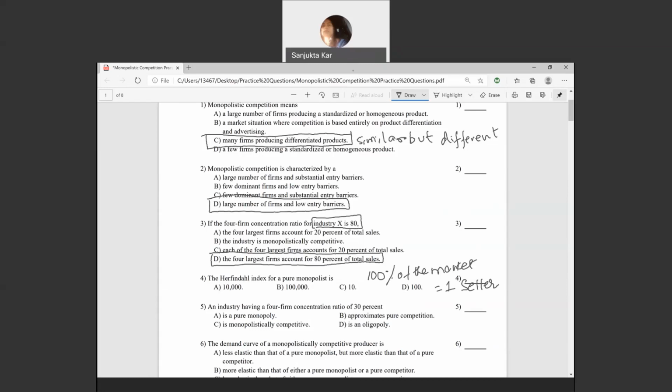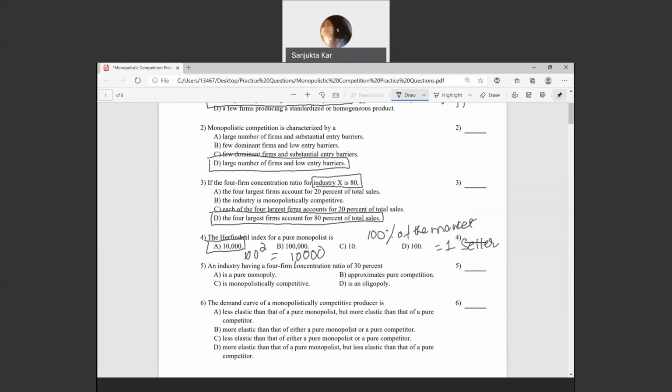To calculate the Herfindahl-Hirschman index, it's going to be 100 squared. So we have here 10,000. Just square 100 because the monopolist has control over 100% of the market.